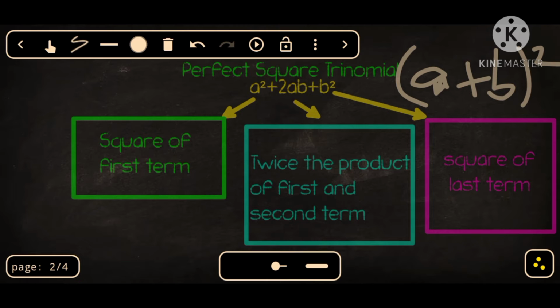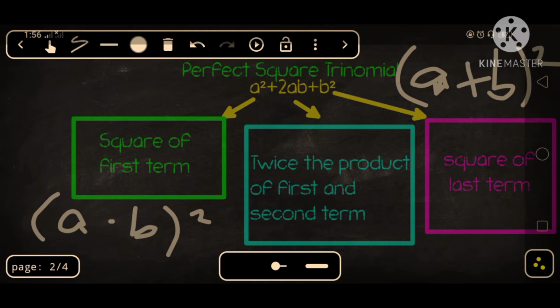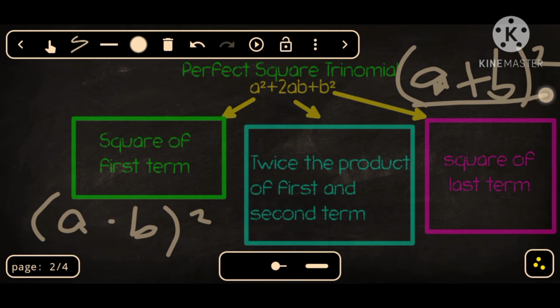If the second term is minus, a squared minus 2ab plus b squared, then the factors would be (a minus b) squared. So the answer to a perfect square trinomial is a square of a binomial. As you can see, (a plus b) squared is the square of a binomial.